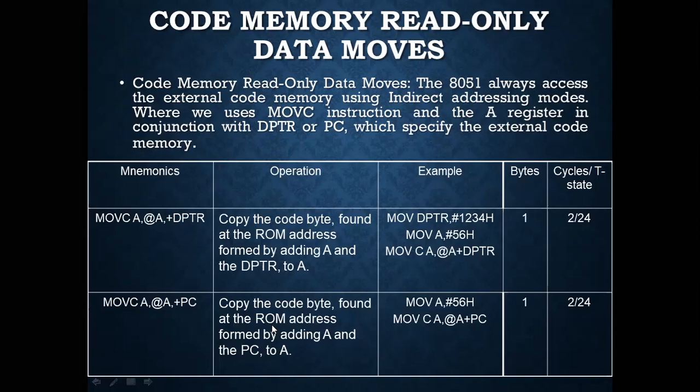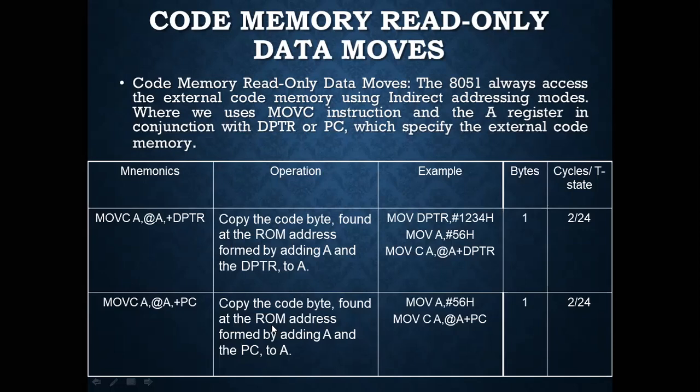Now we know that 4 kilobytes of ROM is available on chip in the 8051 microcontroller. If the program length exceeds 4 kilobytes, suppose the program is 5 or 6 kilobytes, then the program cannot be written in the internal ROM entirely, so we need to connect external ROM.